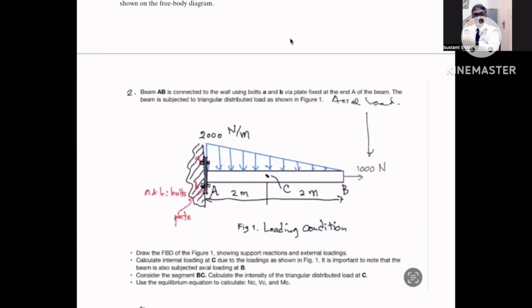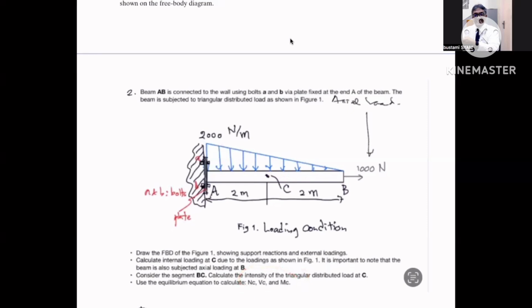So in this case, you have to consider the segment BC here, and then calculate the intensity of the triangular distributed load at C. Then use the equilibrium equation, gunakan persamaan kesetimbangan to calculate this.